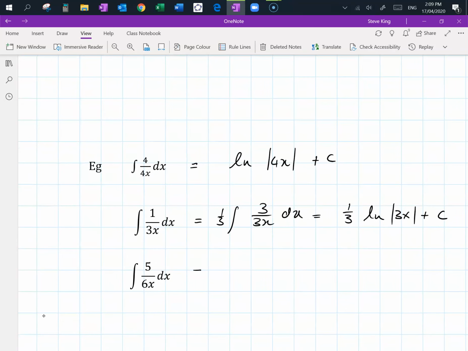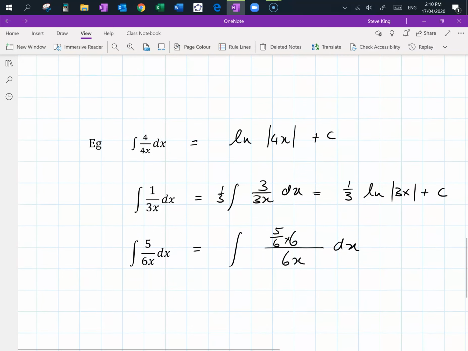This one over here, possibly a little bit more complicated. The top isn't the derivative of the bottom, but it is a straightforward number. So what I could say is, okay, if I want to have on the top line the number 6, so that the top is the derivative of the bottom, what must I multiply this by in order to get 5? Well, I must multiply that by 5/6. 5/6 of 6 is simply going to be 5.